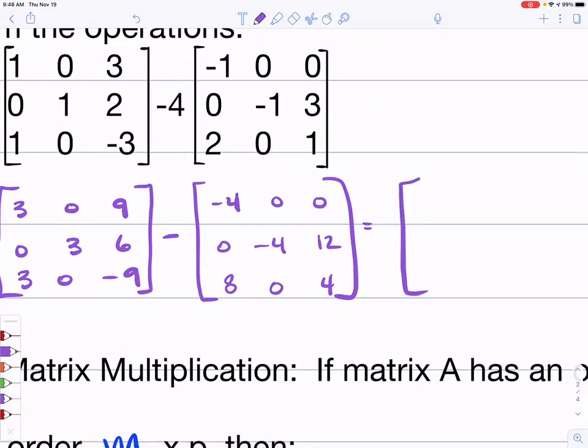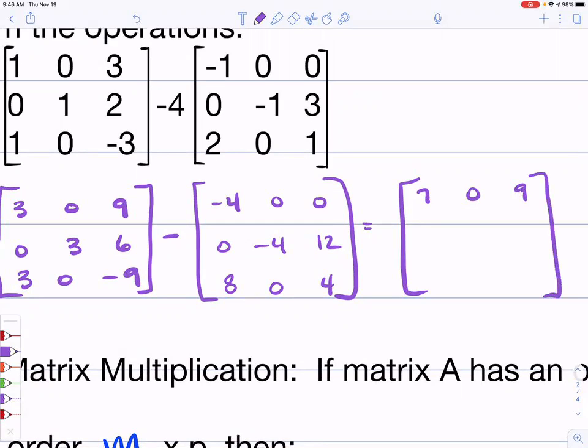Again, this is just going to be row 1, column 1 minus row 1, column 1. So first row, Mary Alice. 7, 0, 9.